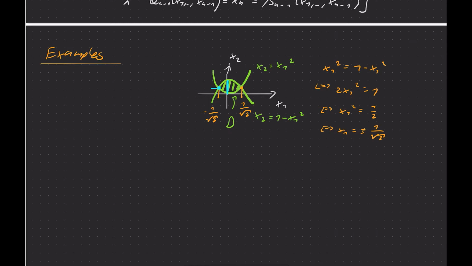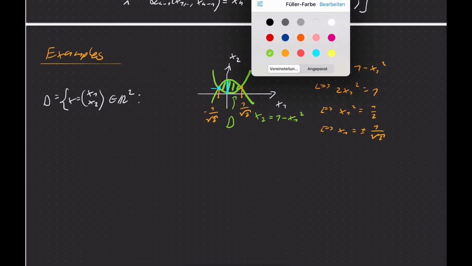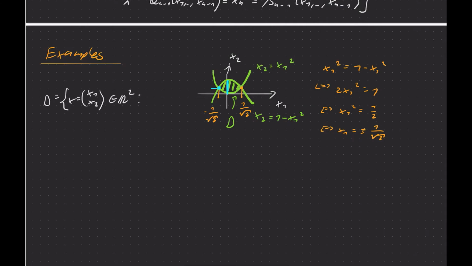So what does that mean for a set? It means the set D can be written in the following way. It consists of all x1, x2 in R2, where first the x1 is between minus 1 over square root of 2 and plus 1 over square root of 2. So those are the values for alpha and beta.